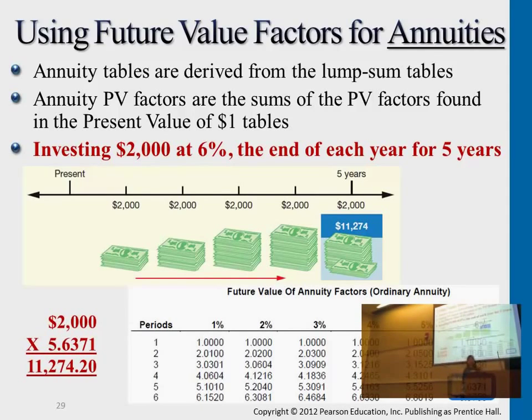So basically the table gives you a shortcut. You don't have to worry about how many years there are and use the 2,000 multiplied by 6%, then multiply by 6% again and again. Just refer to this table. It's just a one-step process. You use this ratio here, multiply by the investment, $2,000, if it's an annual investment that occurs every single year. And you refer to the annuity table.